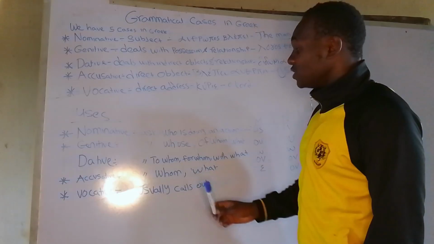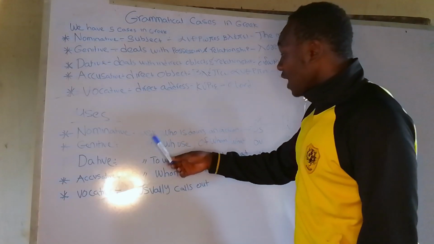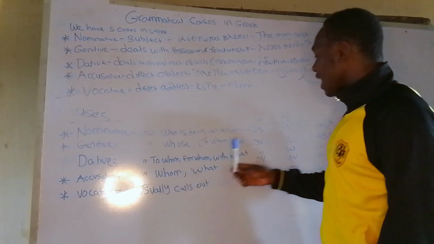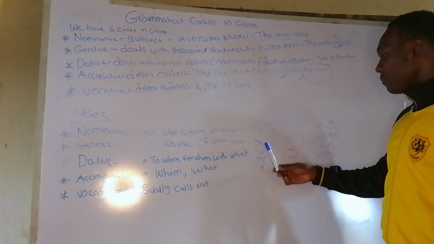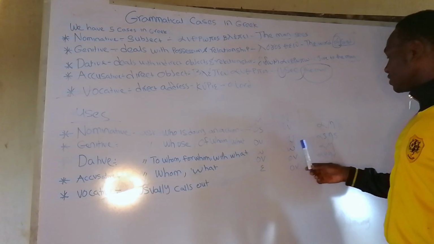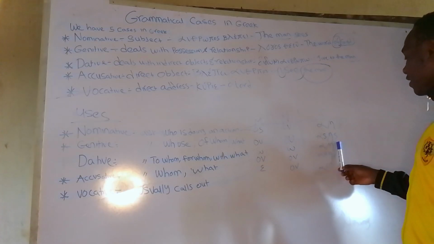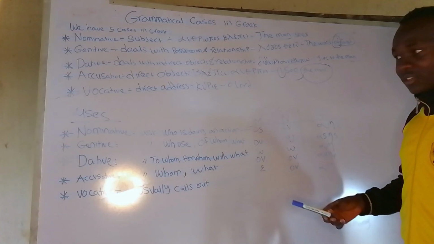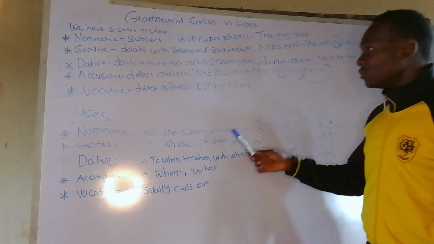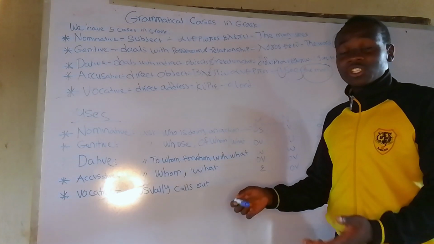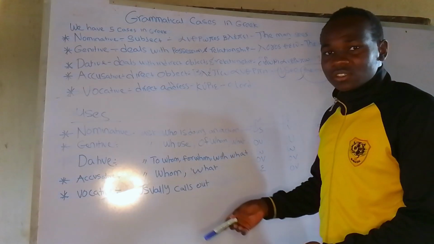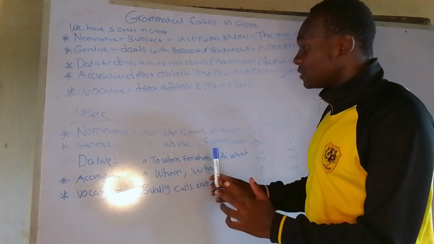For genitive seems to ask whose, of whom, and what, and has the following ending: o for masculine, o for neuter, as or s for feminine. Genitive seems to find out the possession of who is in possession of something, or who owns something, or who is with something.